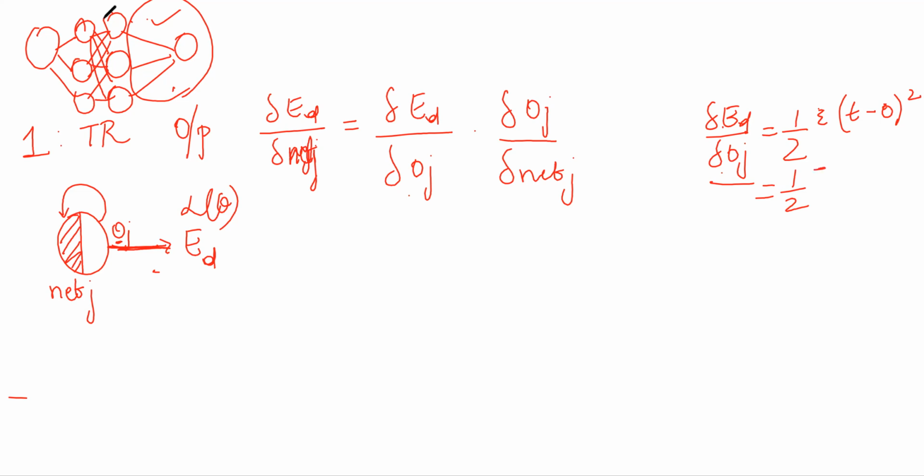I keep the summation as it is. When I do a partial derivative of x square, it is equal to 2x into delta x. We already know that. So I'm going to write it as 2 into (T minus O), that is Tk minus Ok, because output is normally represented with K. Or I'll write it as J, because here I've taken the Jth value.